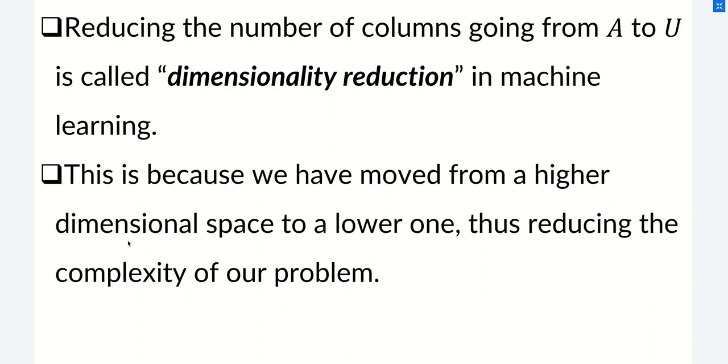So here, you are going to reduce the columns. Now, if you have your data, we saw this. Okay. Now, the columns represent your dimension, right? So if you have almost 30 columns, that means you are in the 30th dimension.